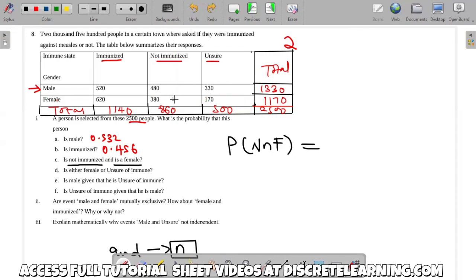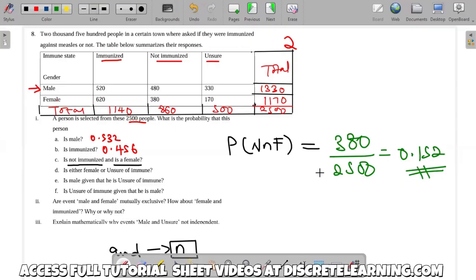So here, that would be what? 380 divided by what? The total number of people that are available, which is just 2500. If I punch this on my calculator, 330 divided by 2500, that will give me 0.152.